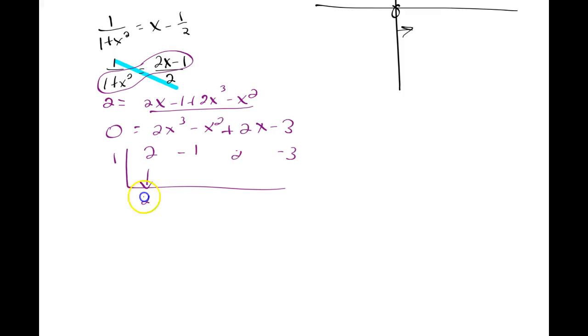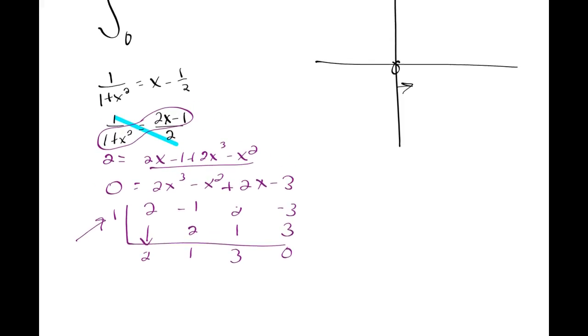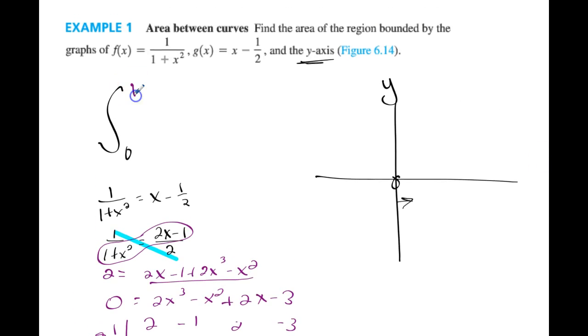So bringing down the first term is a 2. Adding is 1, multiplying, and adding, and multiplying, and adding. And sure enough, I did get a point of intersection. And so now I know I'm going to integrate between 0 and 1.